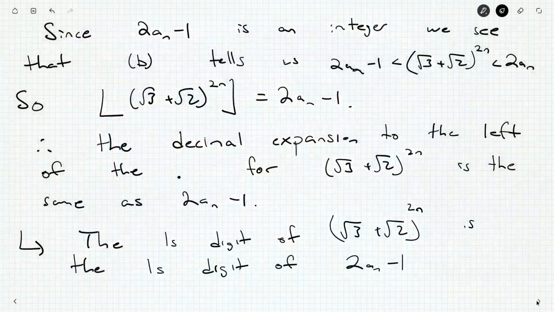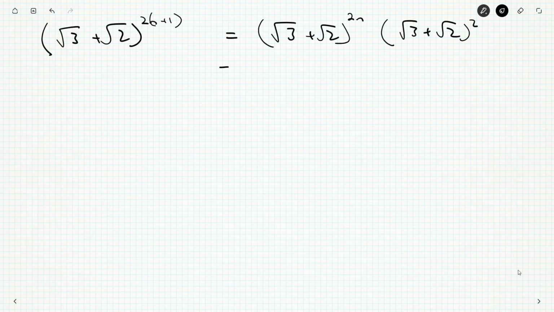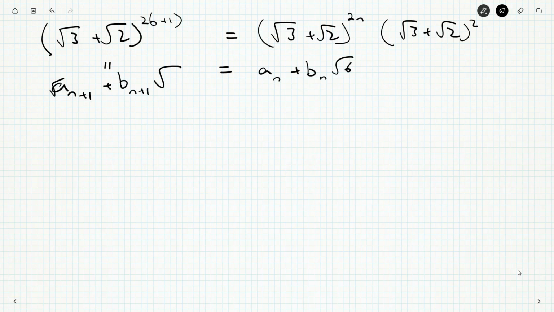So, my other observation is this. (Root 3 plus root 2) to the 2n plus 1 can be split into (root 3 plus root 2) to the 2n times (root 3 plus root 2) to the 2, just basic exponent rules. But this guy here is an plus bn root 6. And this one here is an plus 1 plus bn plus 1 root 6.